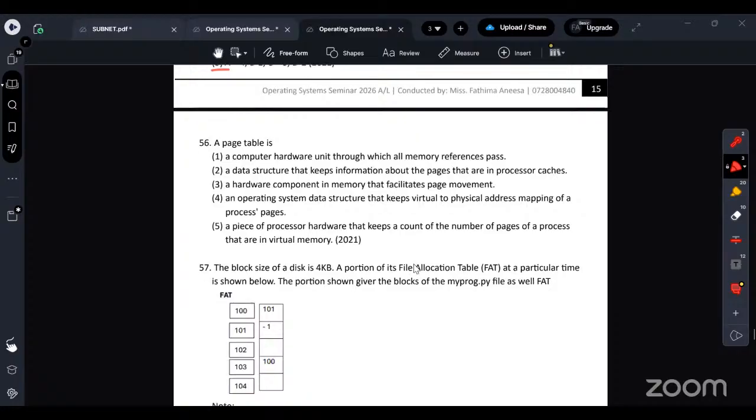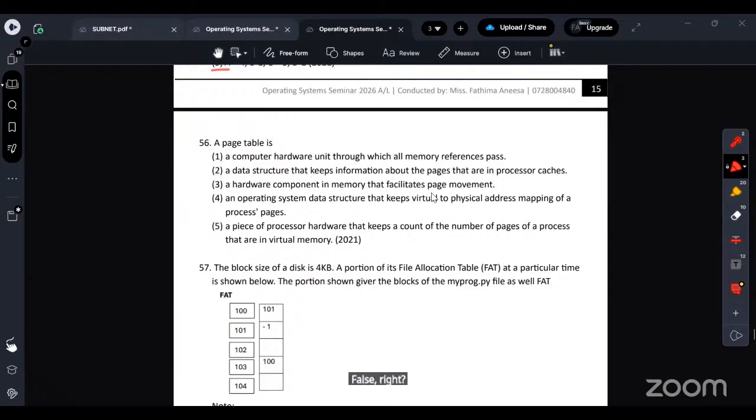Okay, a page table. What is a page table? Is it a computer hardware unit through which all the memory references pass? False, right?